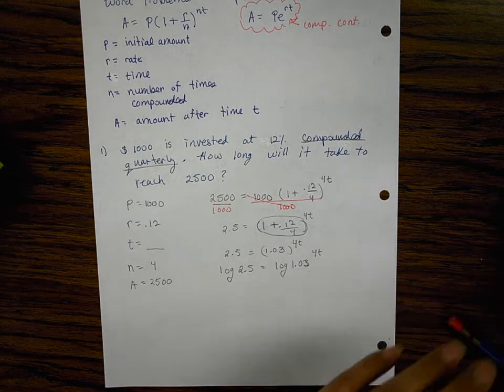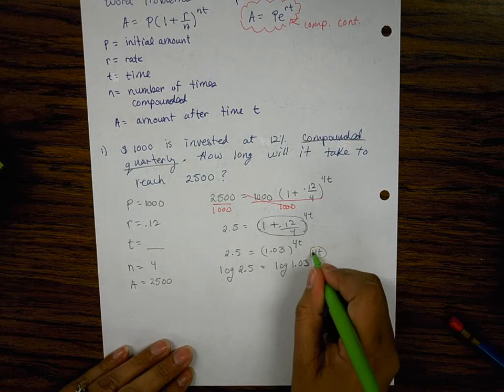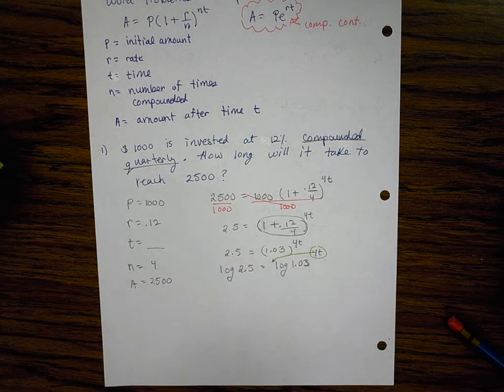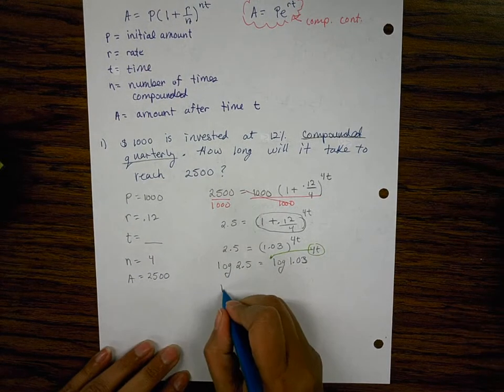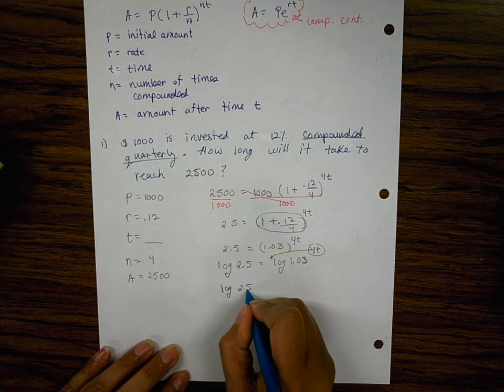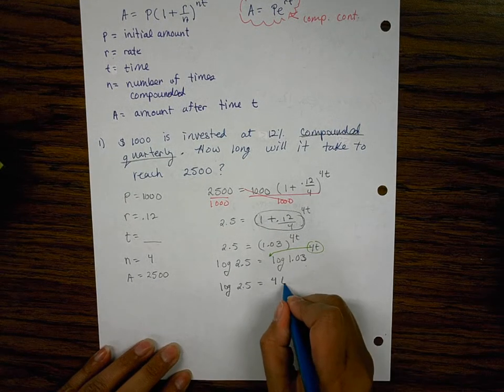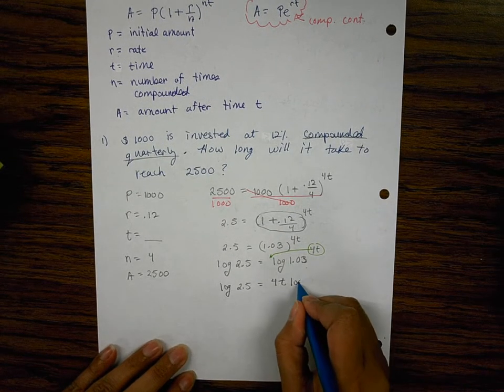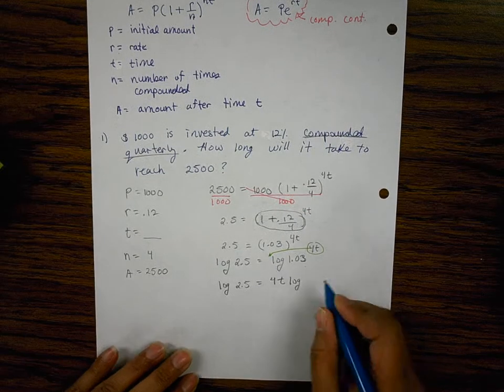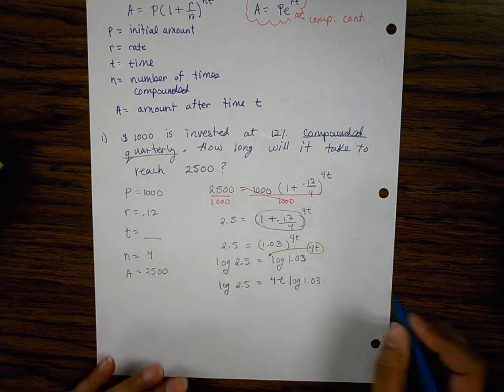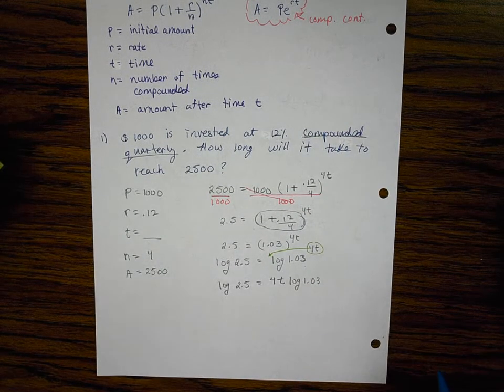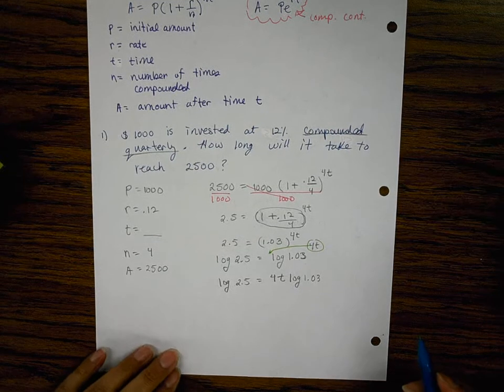The whole reason we do this is to bring the exponent down to the coefficient so that my variable is no longer an exponent. Log of 2.5, which is a decimal hiding in my calculator, equals 4t times log of 1.03.